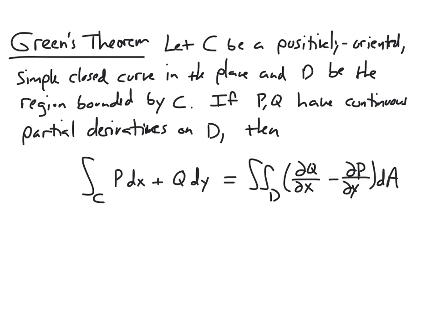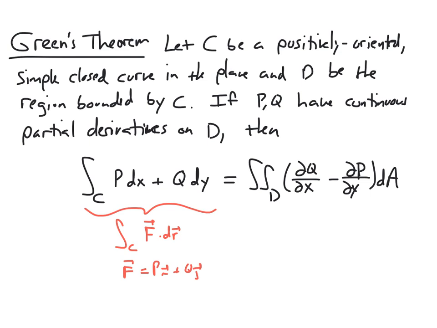And so this statement here, under the right conditions, where C has these properties, and D and P and Q have these continuous partial derivatives, this says that on the left-hand side, this integral of a vector field, right? So remember, this is also the integral over C of the vector field F dr, where F is equal to Pi plus Qj.